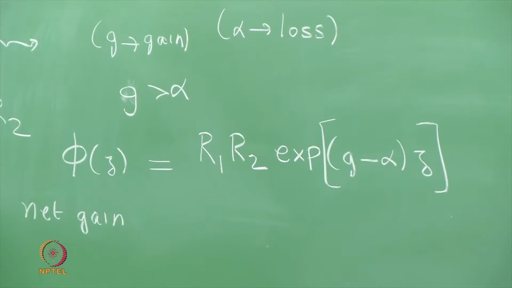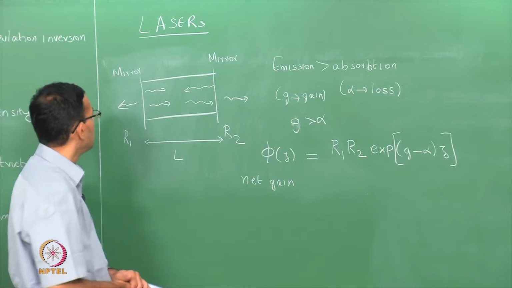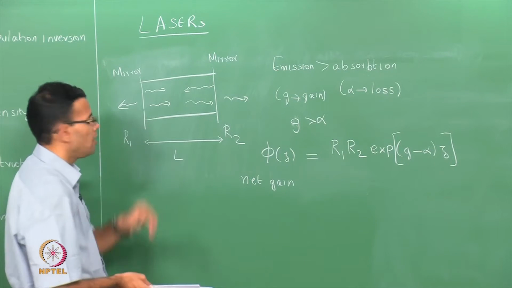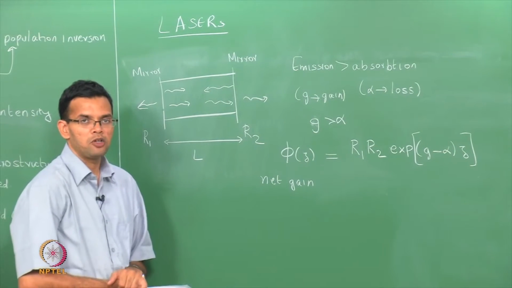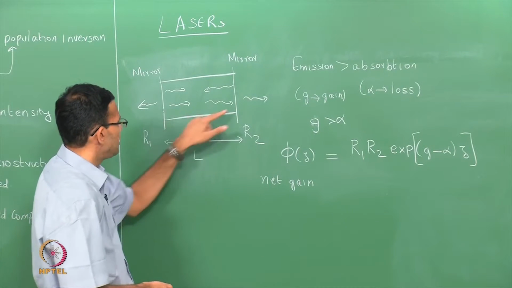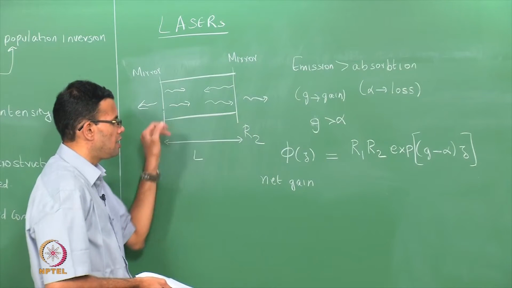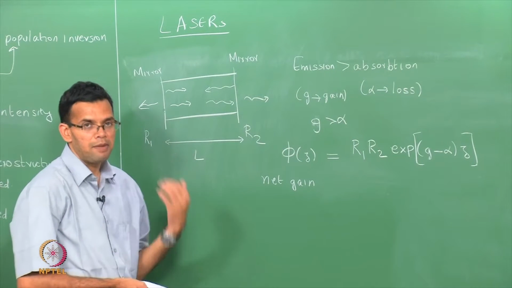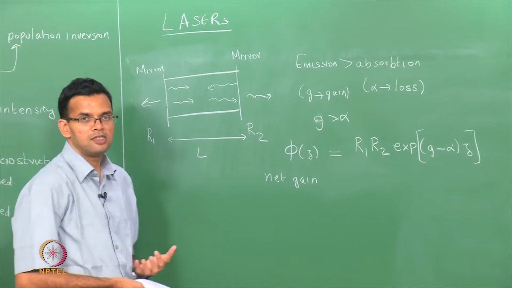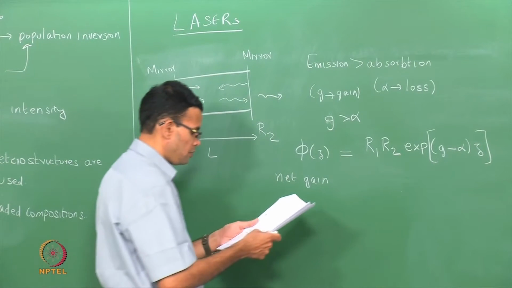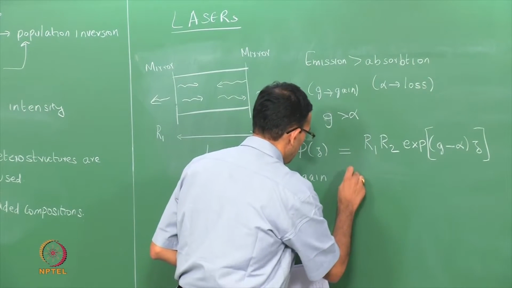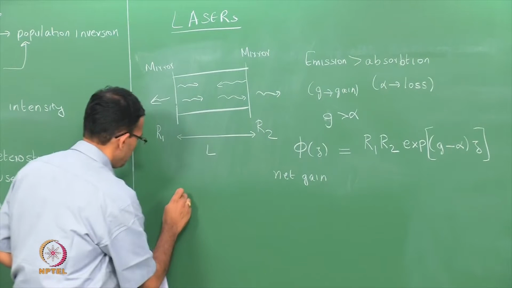Now, if L is the length of your laser and I have a light that originates at one corner, it travels a length L, gets reflected from the second mirror and travels a length L back, which means the total distance travelled is 2L. So, your net gain occurs, let me write it here.